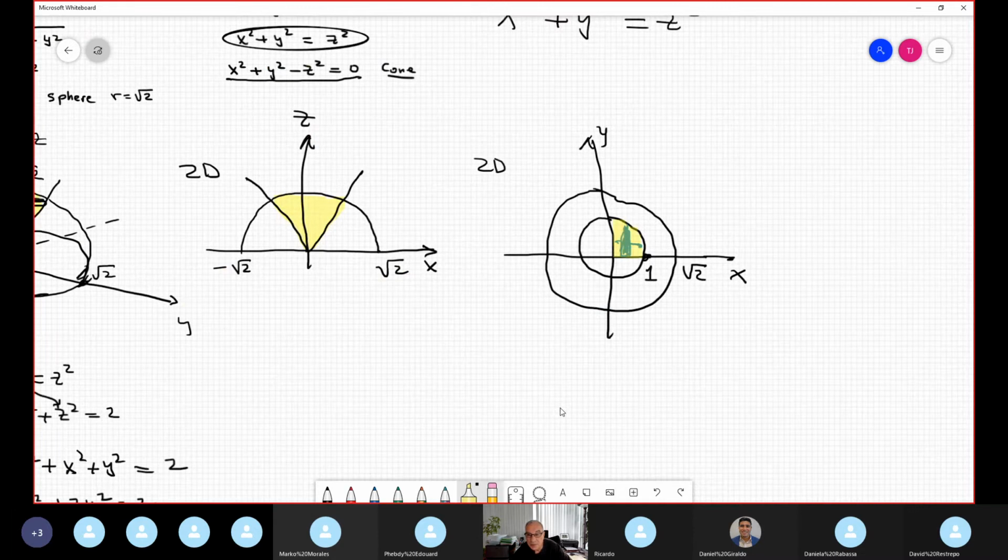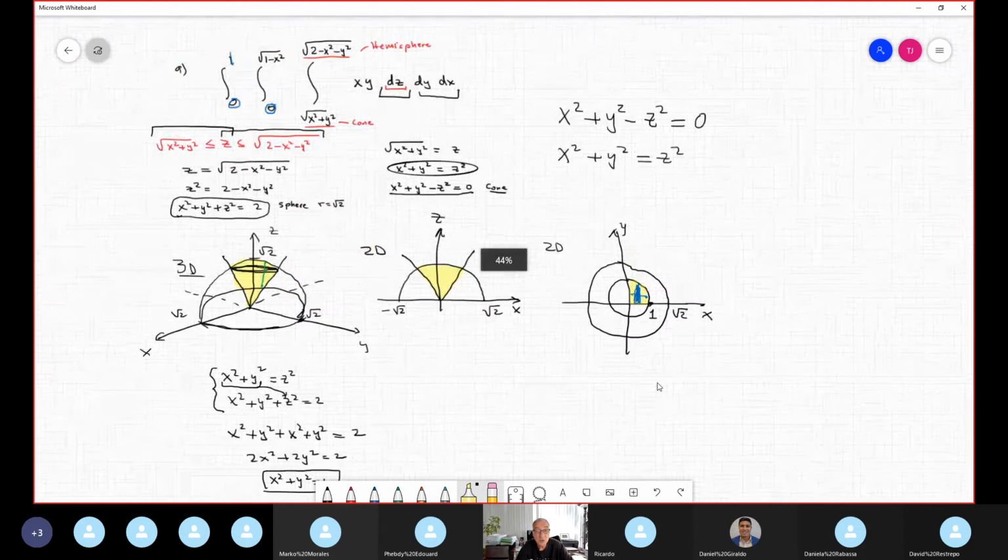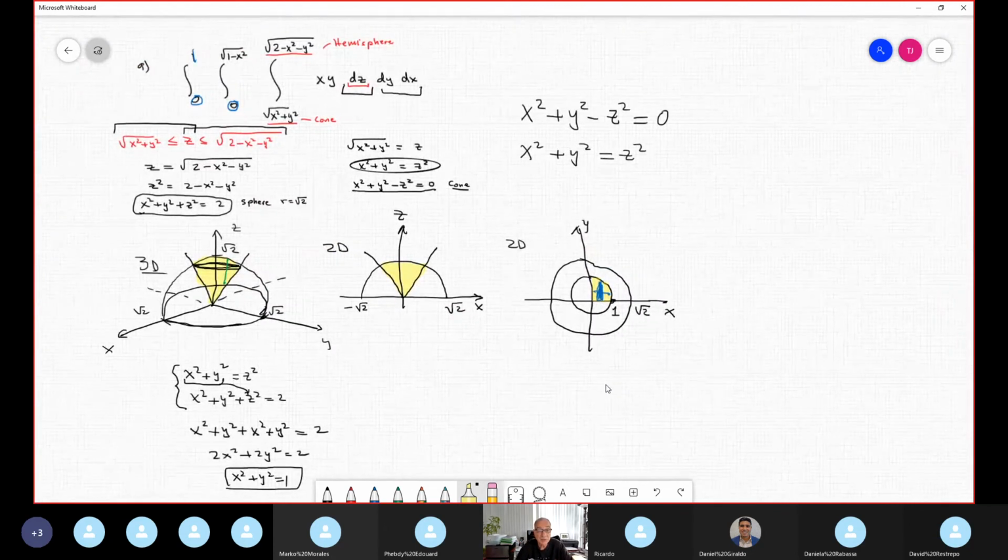Guys, this is an important moment. Remember, somebody, not me, set up one triple integral using Cartesian. I need to understand the work done by this guy. Now, my goal is changing to spherical, and solve it. Fine.